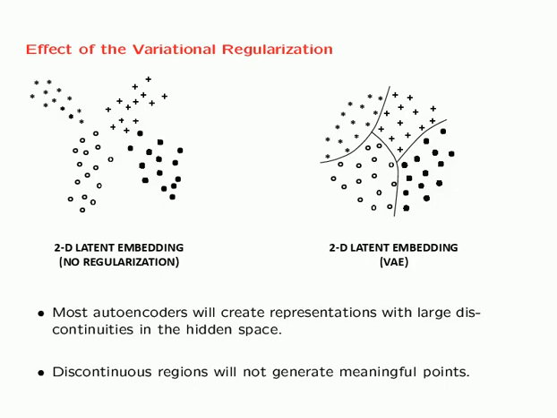So if you trained it with a regular autoencoder, what could happen is that the latent representation it creates, if you didn't use this particular approach, will have lots of discontinuities in the hidden space. Here I show a 2D latent embedding. Imagine you had an autoencoder with just two hidden units. I'm showing a scatter plot of the data. So there are regions in the space where there are no data points.